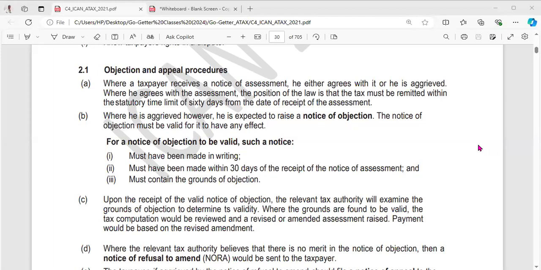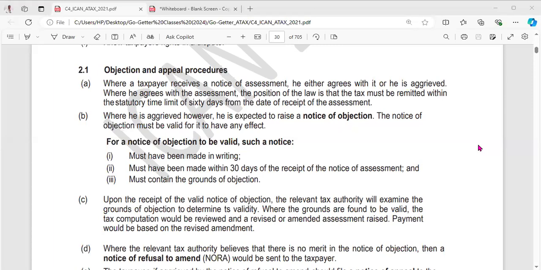Sometimes these taxes received by the government, when they are examined, they find out that sometimes it's not fair on the government. Sometimes taxpayers try to pay lesser than what they are supposed to pay, and the tax authority decide to do something called additional assessment.